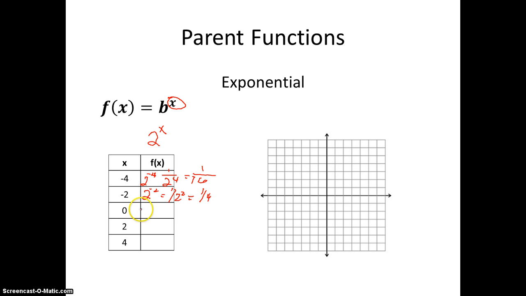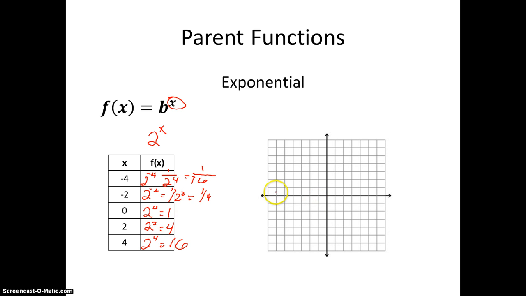Next it will give us 2 to the 0. We know that anything to the 0 power equals 1. Then we'll have 2 squared, which we know equals 4. And then 2 to the 4th is 16.